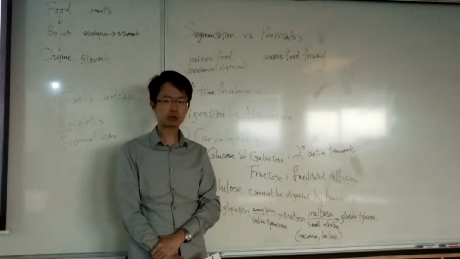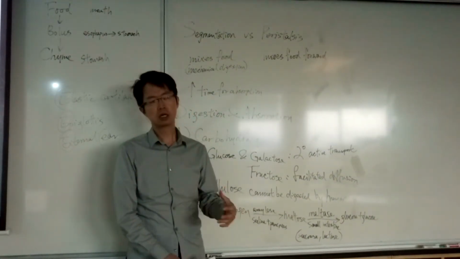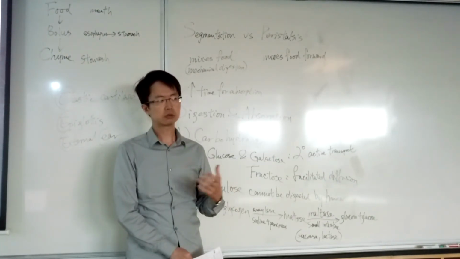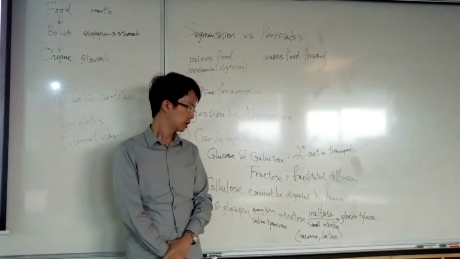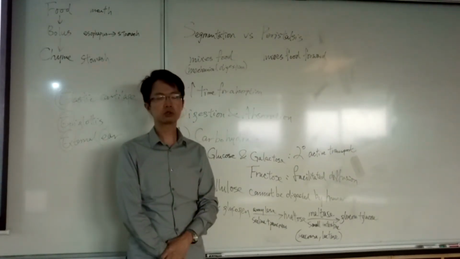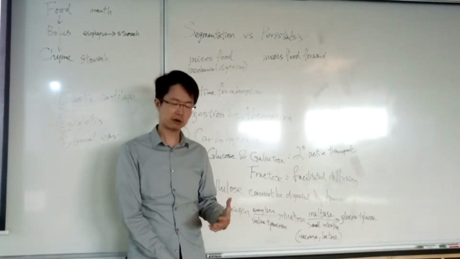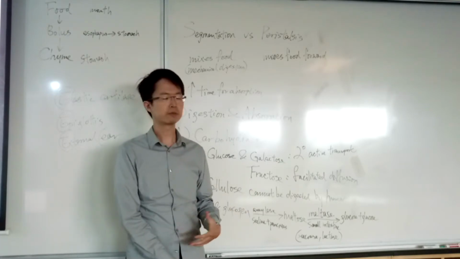When we drink milk, milk has lactose. When lactose goes down the digestive tract, all the monosaccharides will be absorbed by the small intestine and go to the blood.